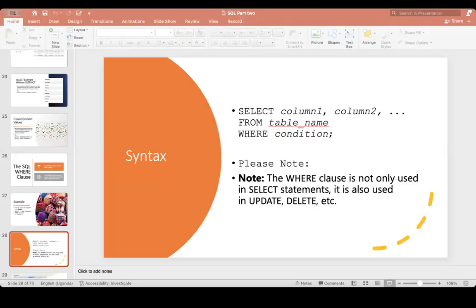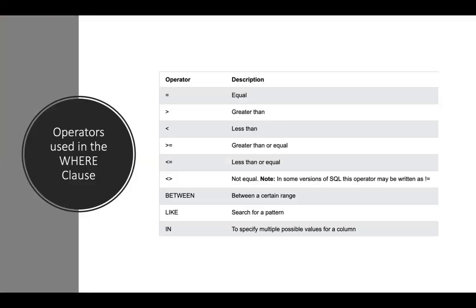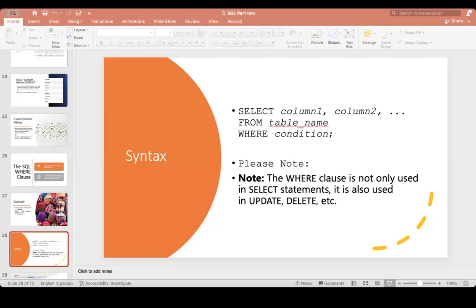There is no magic, there is no logic. The way they are is the way we apply them. Use the equal, the greater than, the less than, greater or equal, then less or equal to, and so on. All of them are very important in this case.